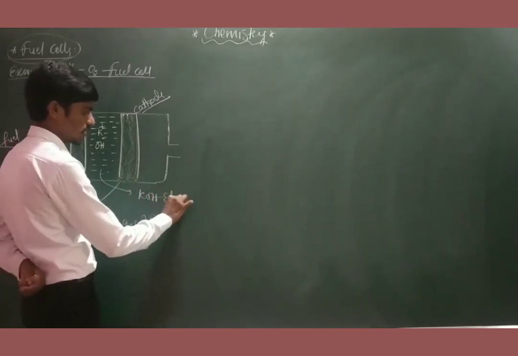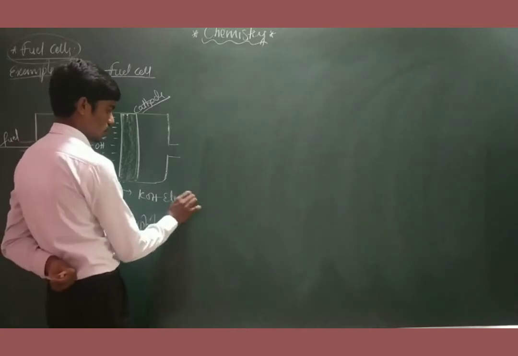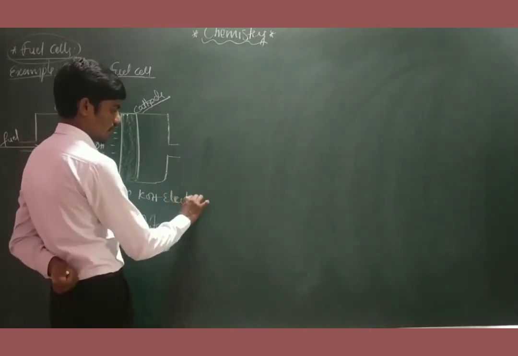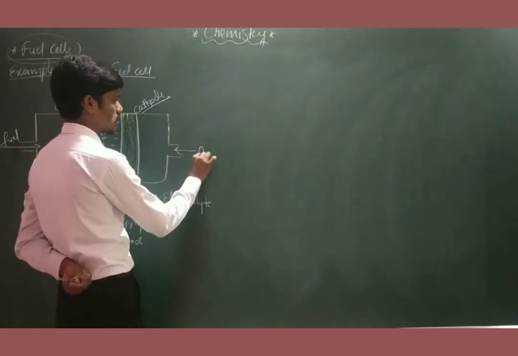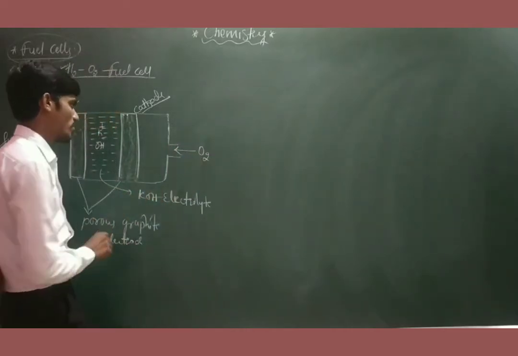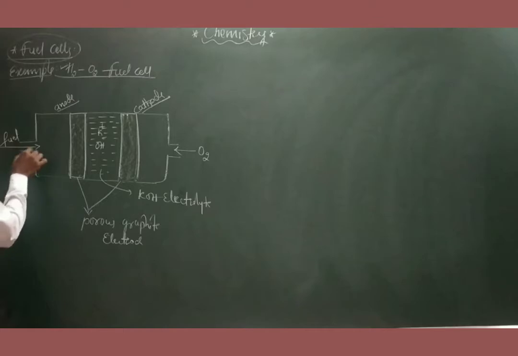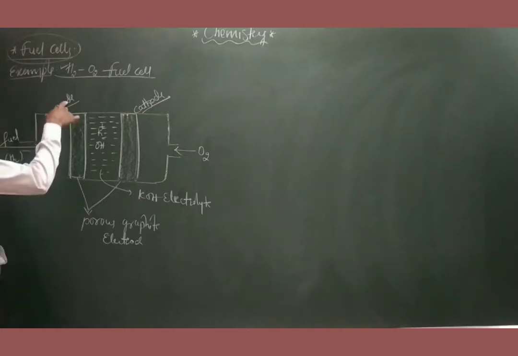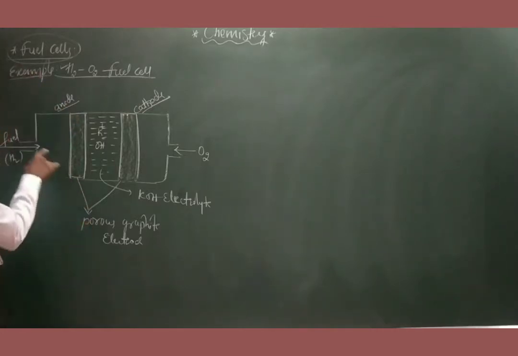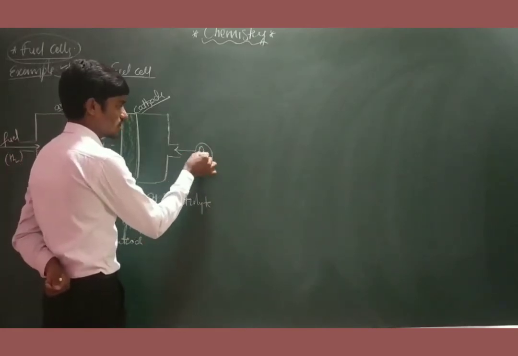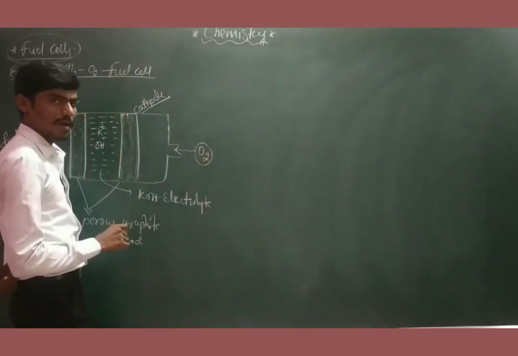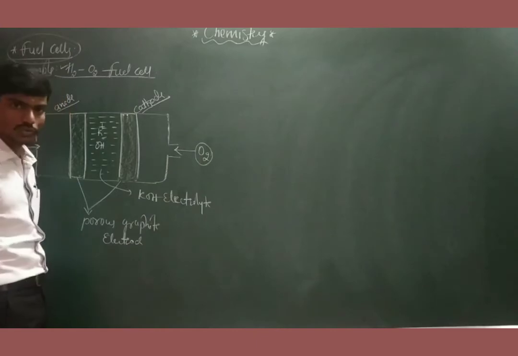I have taken the electrolyte in this, and oxygen is introduced into the cathode compartment, whereas the fuel, in this case hydrogen gas, is introduced into the anode compartment where it undergoes oxidation, whereas oxygen is fed into the cathode compartment where it gets reduced.